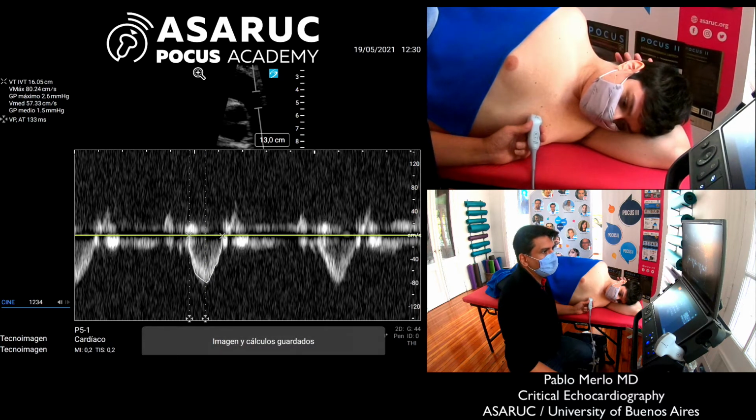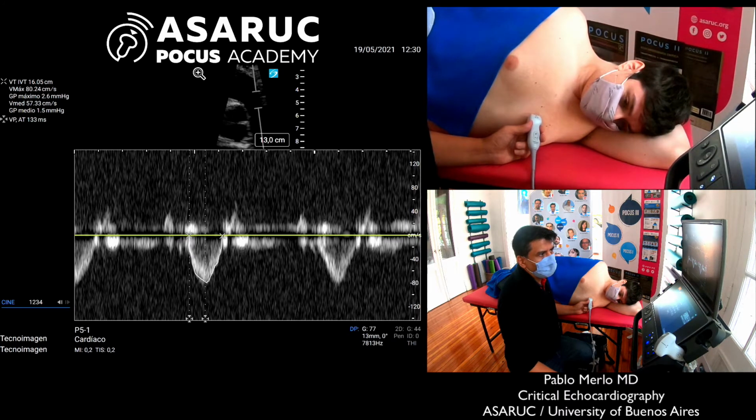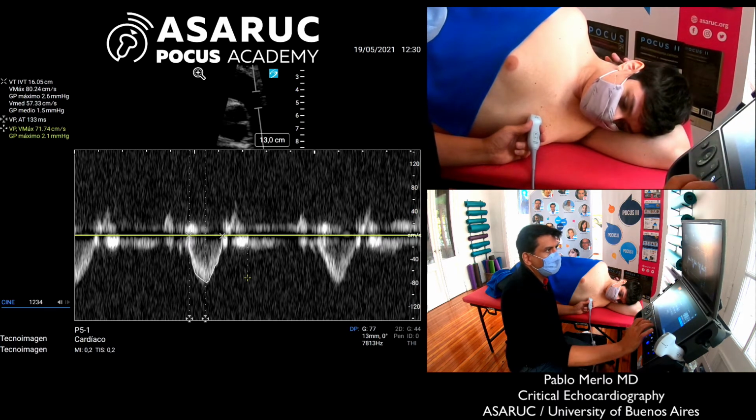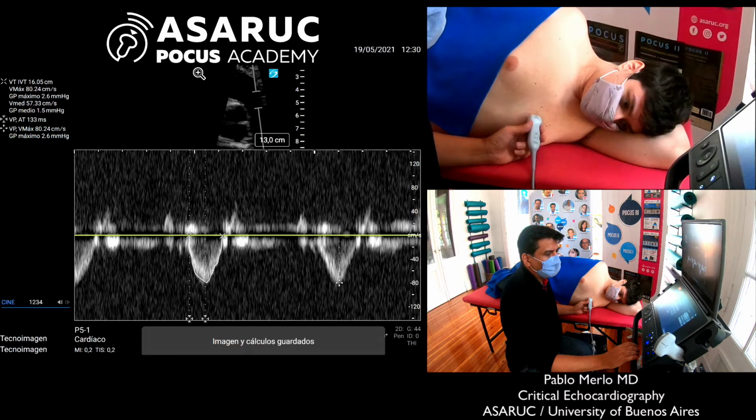We are now measuring pulmonary valve acceleration time, which is normal, 133 milliseconds. Less than 100 milliseconds would suggest that it is likely that there is an increase in pulmonary vascular resistance.